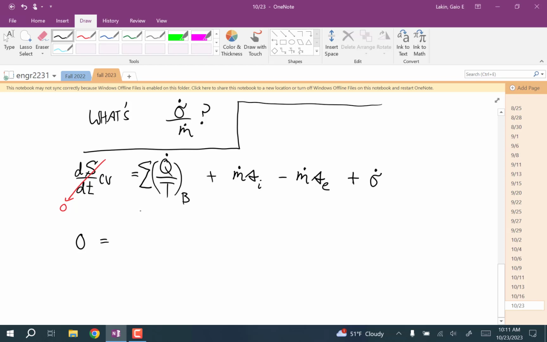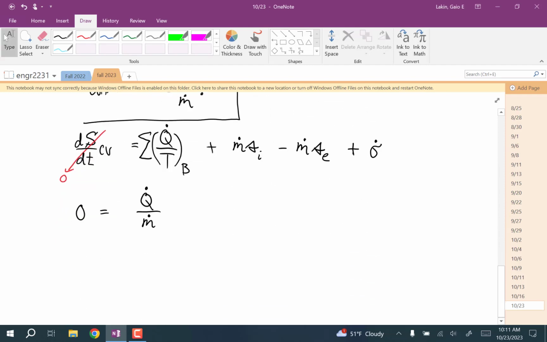If we divide everything by m dot, we have q dot over m dot divided by the temperature at the boundary, which is 350, plus specific entropy at the inlet minus at the exit plus sigma dot over m dot.